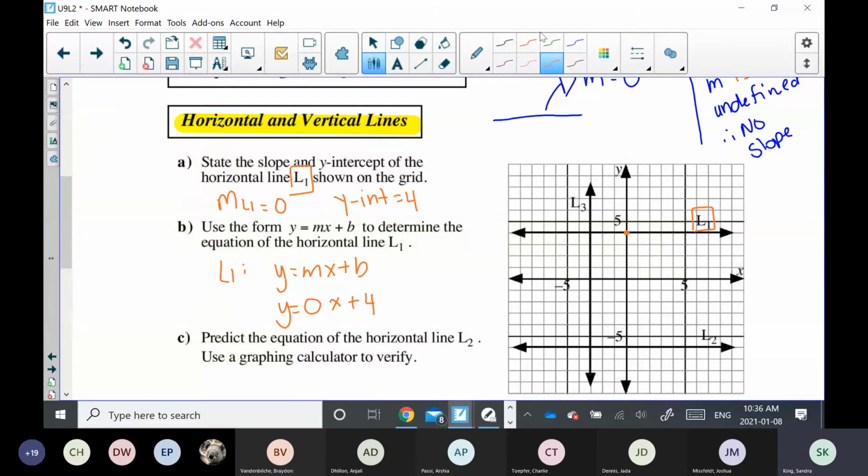Anything times 0 is 0, right? Because we're multiplying our x by 0, this gets eliminated. The equation of line 1 is y is equal to 4.